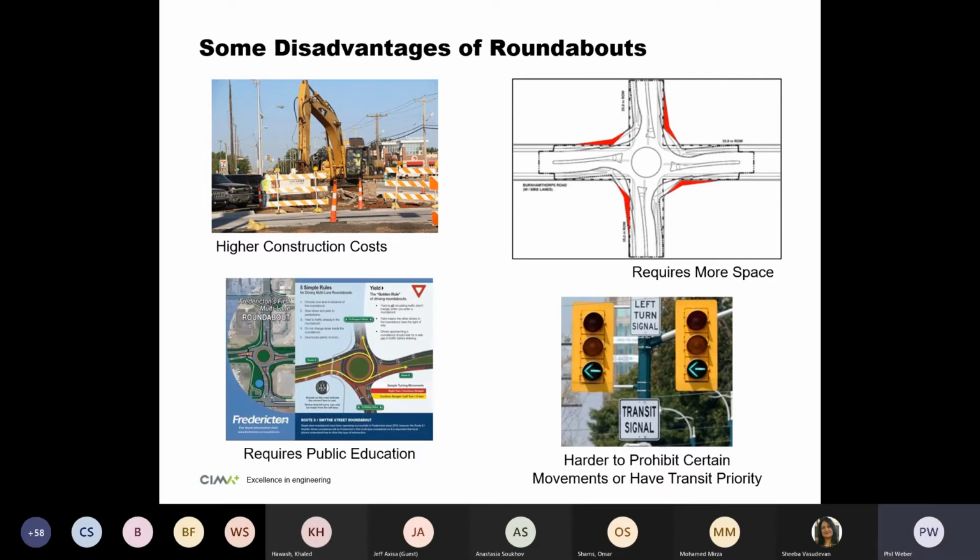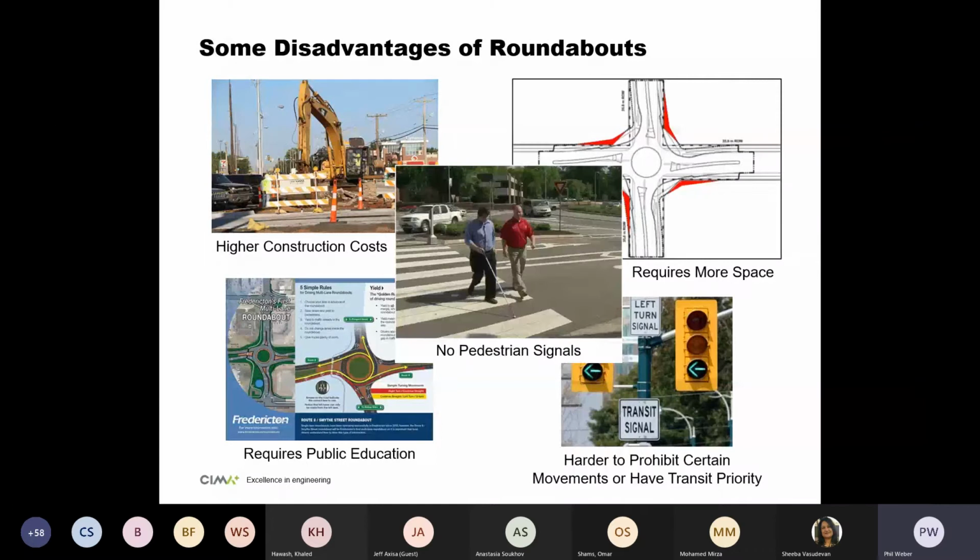Also, roundabouts require public outreach and education. Maybe not on the part of a consultant like myself, but if you're a member of the road agency, that's perhaps a disadvantage. They require more work. You have to give the public education on how to use them and how to drive them. And a final disadvantage, roundabouts don't have pedestrian signals, and sometimes that's a pretty big disadvantage. We're going to talk a little bit more about that.